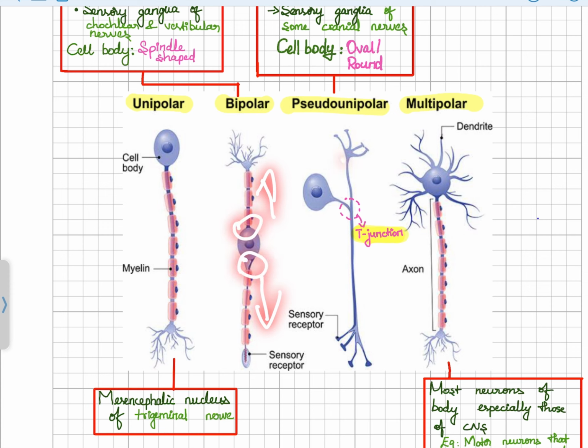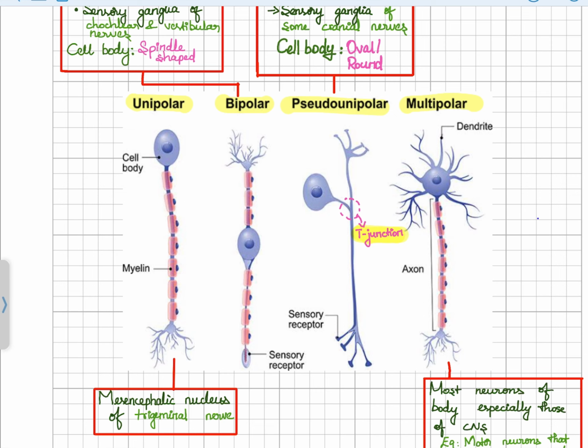But here you are getting these two processes from one end of the cell body. One process arises from one end of the cell body and travels to a place called the T junction, which we have named like that. At the T junction it bifurcates into two parts, but they are not bipolar. They are a single process, but they are bifurcating.